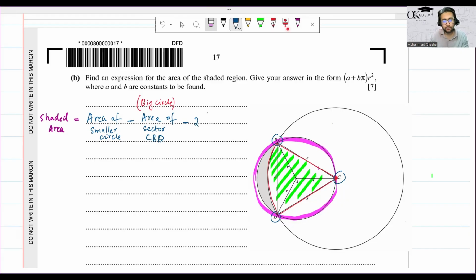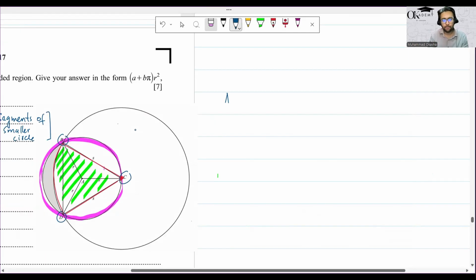I'll say minus 2 segments of the smaller circle. Okay. This is the entire thing that will give me the shaded area. Now let's talk about the area formula. I'll write the formula over here. The formula for area of a circle, you know that it's pi r squared.